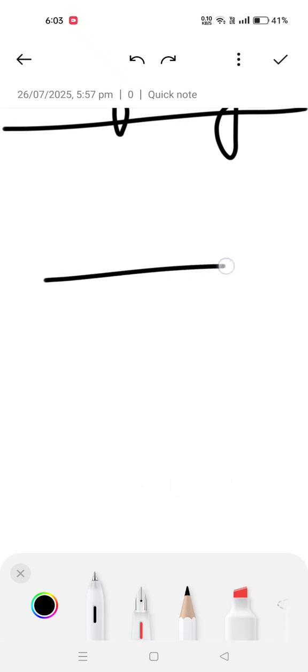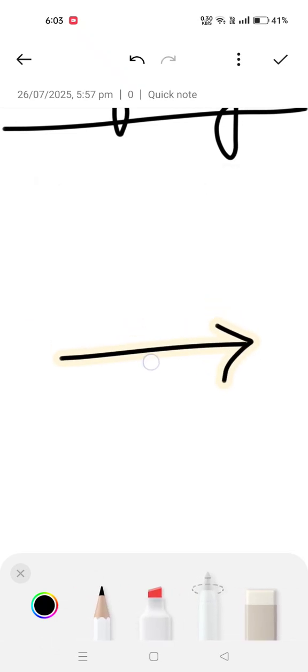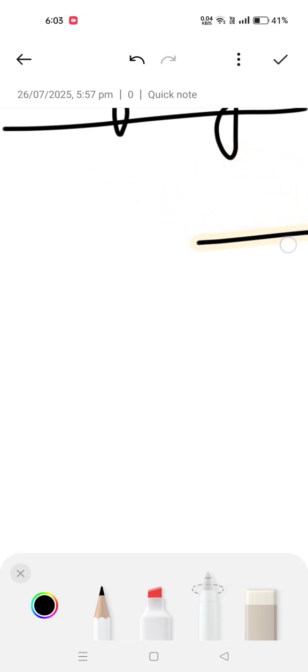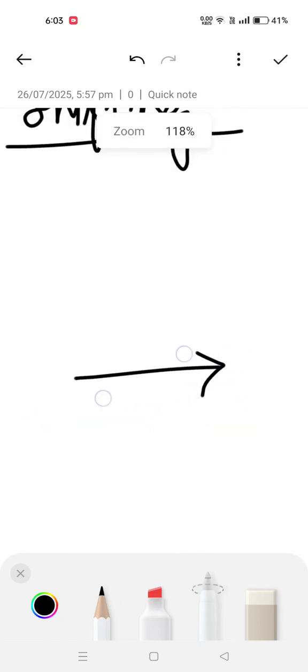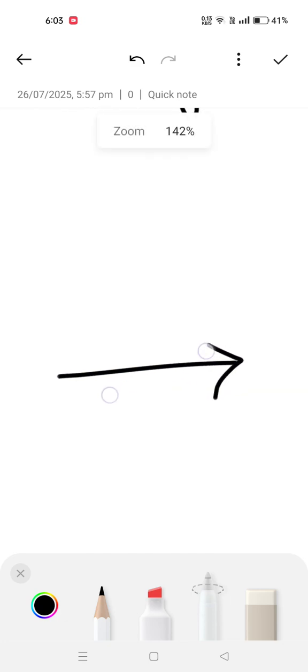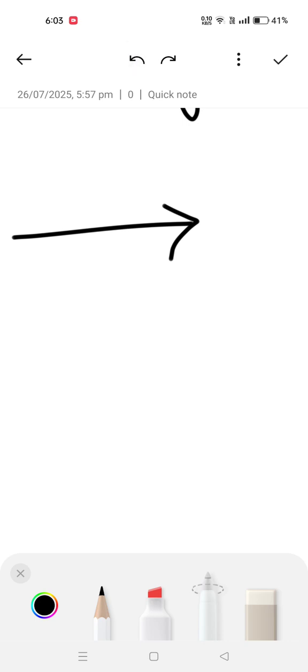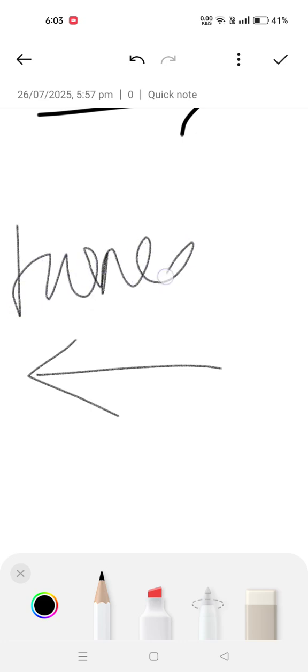Supposedly this is a vector, so this vector can be taken and put here, here, and here. But if this particular vector is reversed, see, if it becomes like this, if it is turned, then the vector changes.